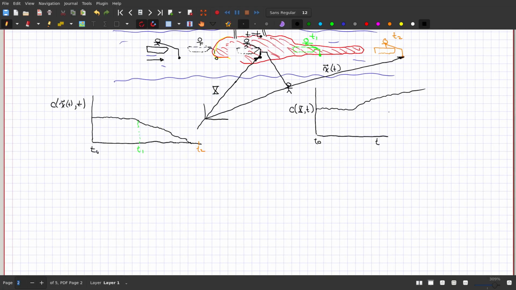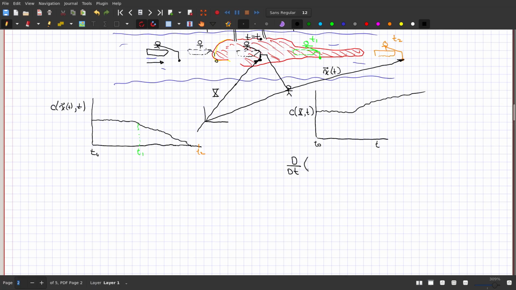So if I compute, and I'm going to use this symbol, big D dt, of c of x and time, then I simply get partial c partial t.